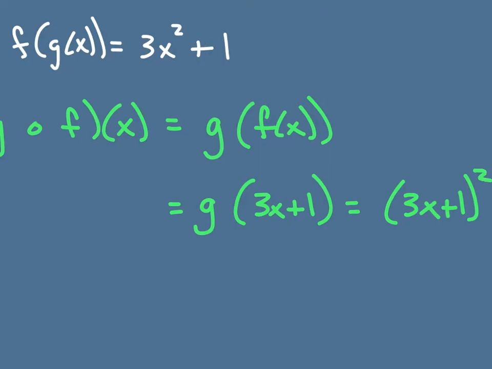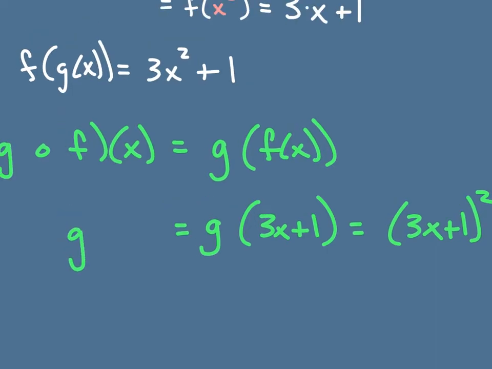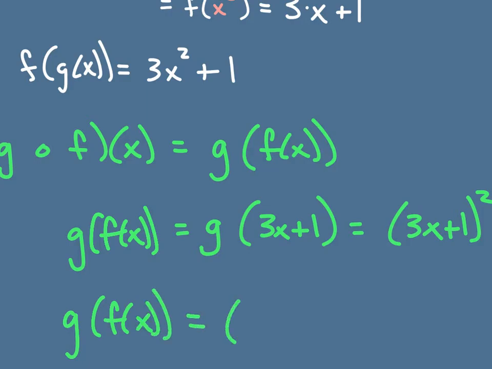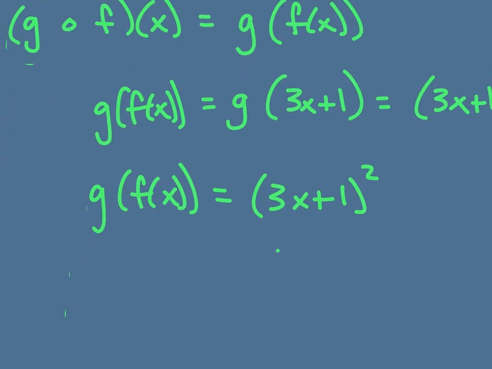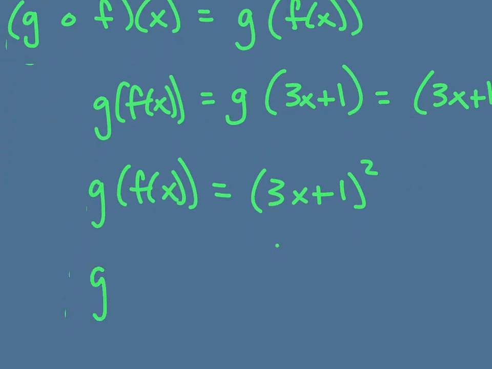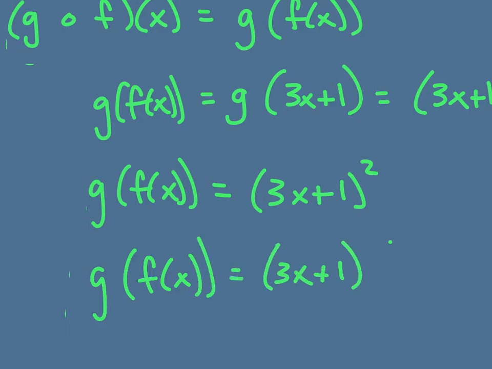And if we wanted to write this out, g of f of x is equal to, I'm just rewriting this all down here so that everything looks nice and neat. If I write g of f of x, this means I have 3x plus 1 times 3x plus 1.